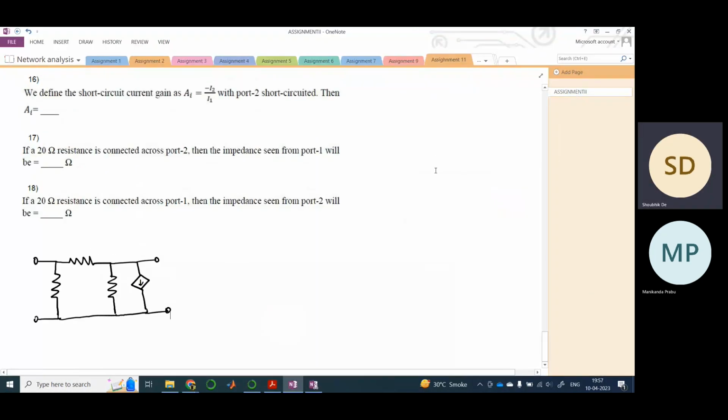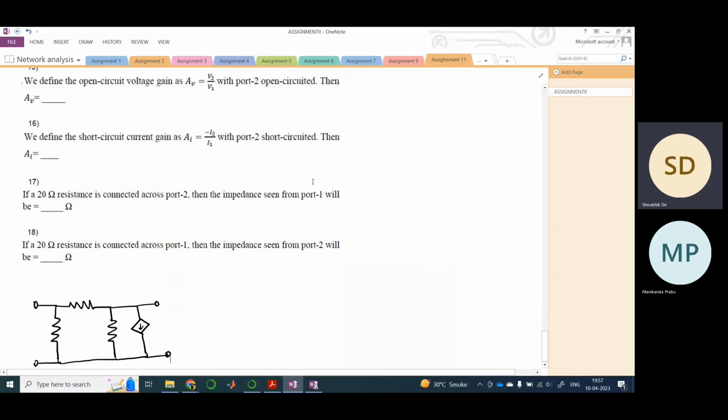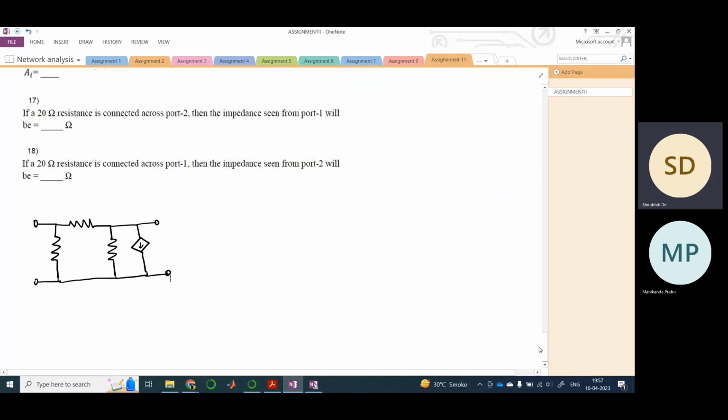Now what are the values? 10, 10, 10, and 2 I1. This is V2 and V1, right?